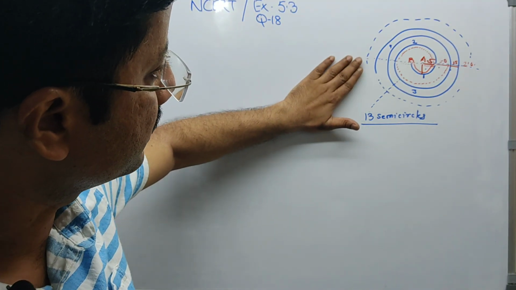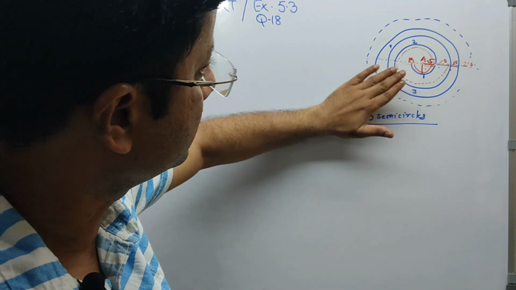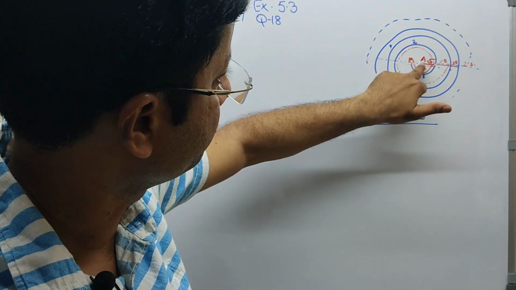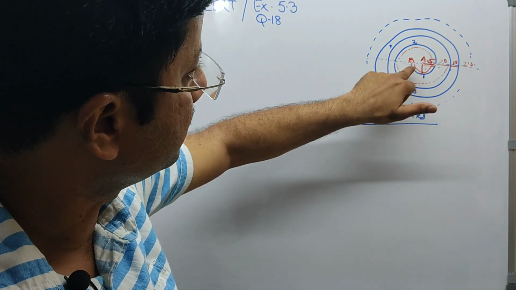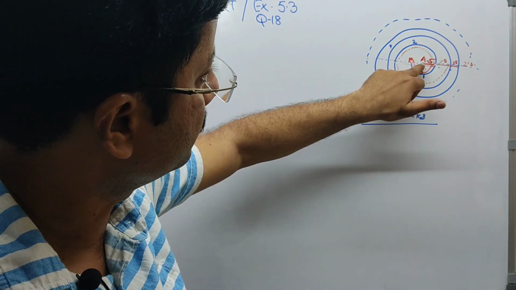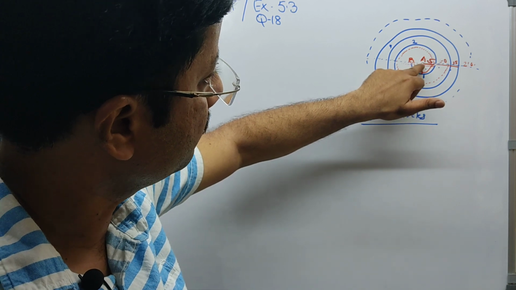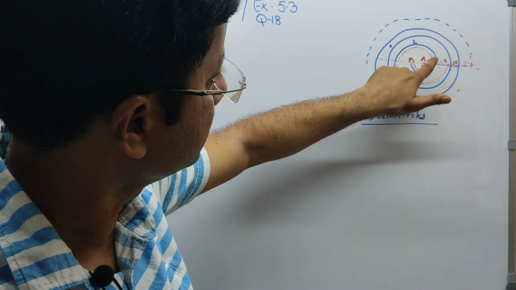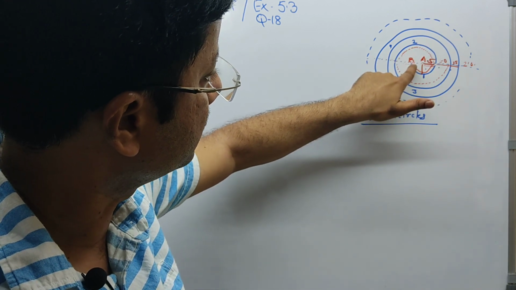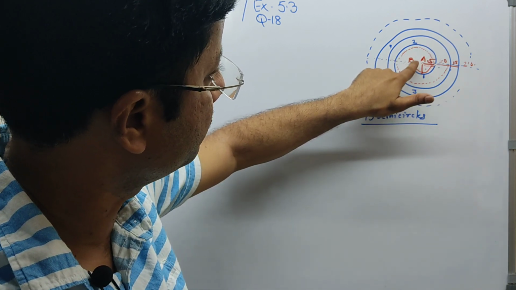Now look at the diagram carefully. A spiral is made with the centers A and B. Don't get confused with the centers A and B, because the center will change. For this semicircle the center is this, and for the bigger one the center will change. So the center keeps changing between A and B alternatively.